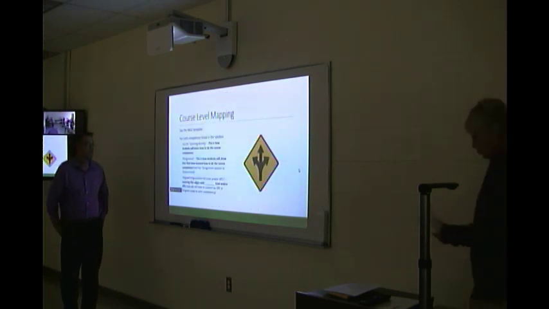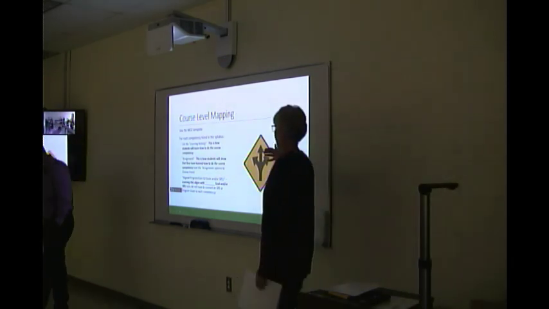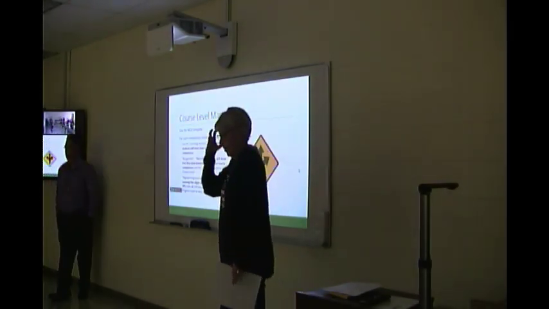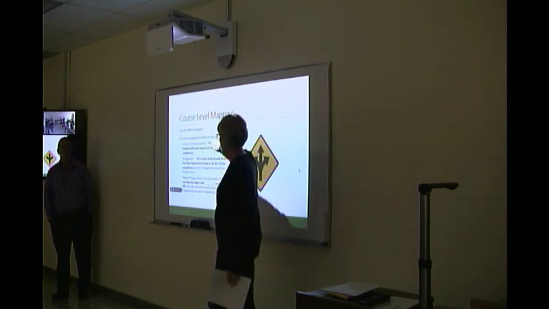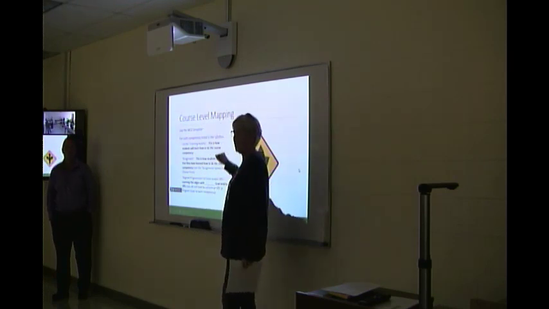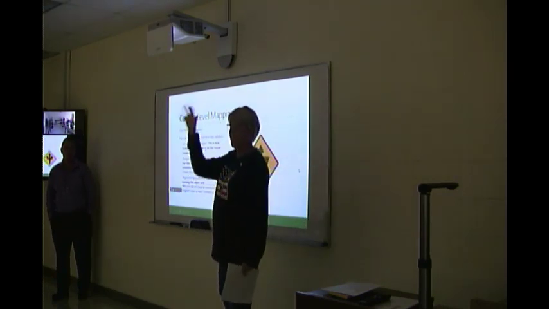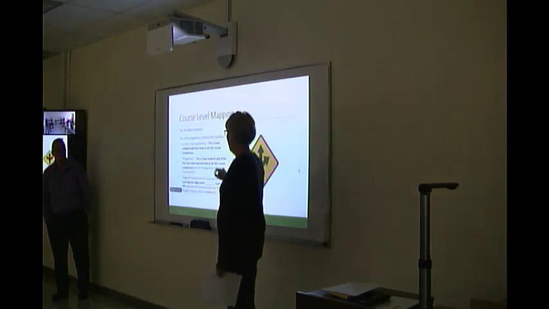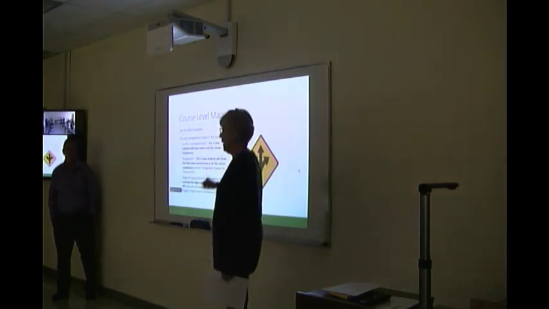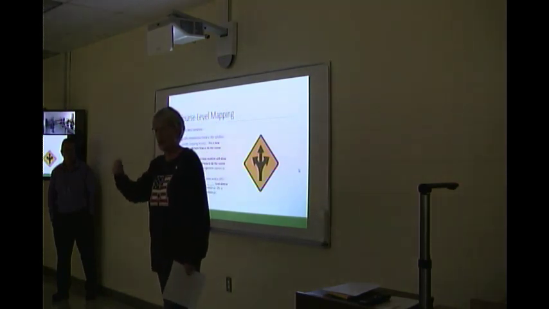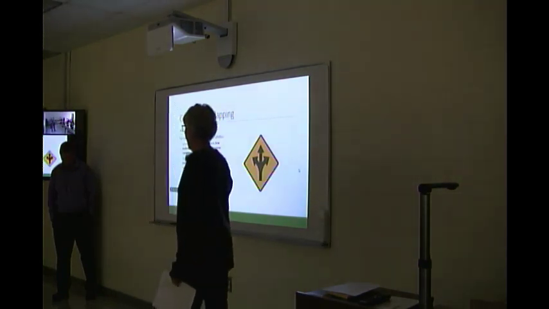Okay, really for course level mapping, to me it just makes sense. For each competency listed in the syllabus, this cleaned up syllabus that you have, you're going to list the learning activity, and that is how the student is going to learn how to do the competency.